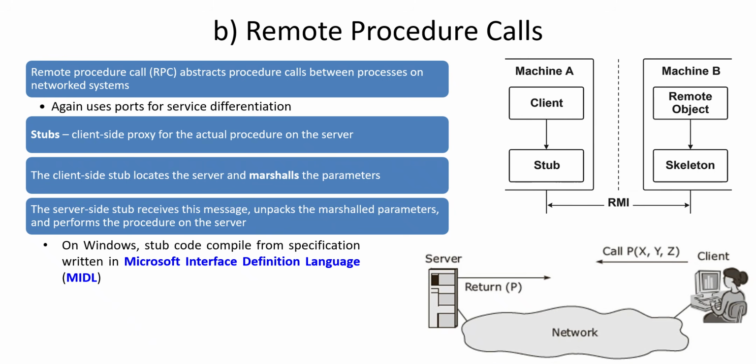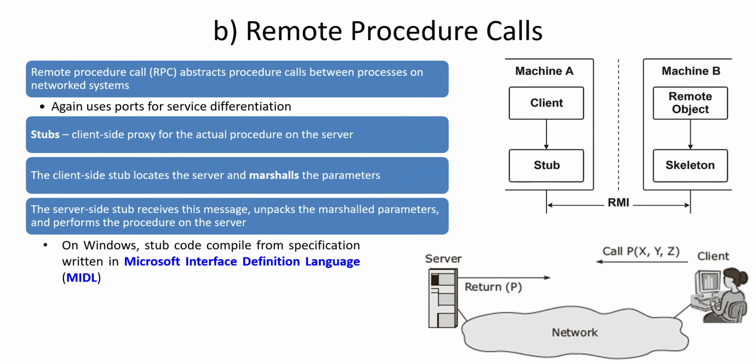The server-side stub receives the message, unpacks the parameters, and performs the required procedure on the server. After execution, the result is returned to the client. So the basic flow is client-side stub, network, server stub, server procedure. And then the result travels back to the client.